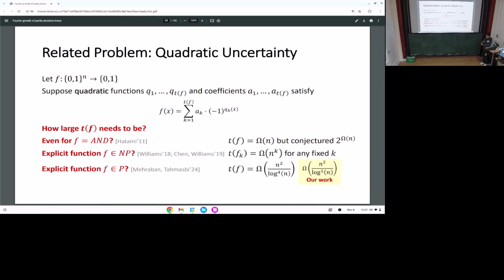It turns out these two are very similar, as you probably saw from Srini's talk. Quadratic polynomials are like Clifford circuits, so the lower bound there translates to the lower bound here. But it doesn't prove it for any function. It's proven for this mod 8 function. So this lower bound improvement doesn't imply an improved lower bound for AND.